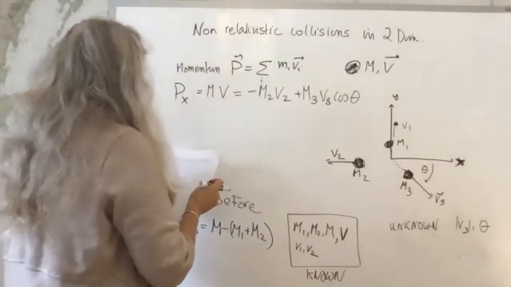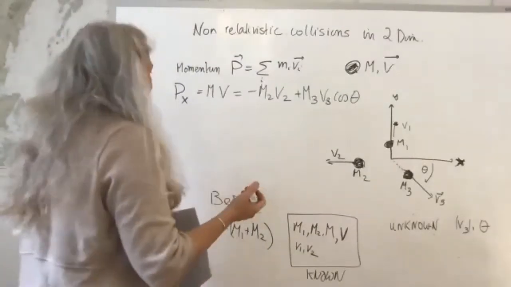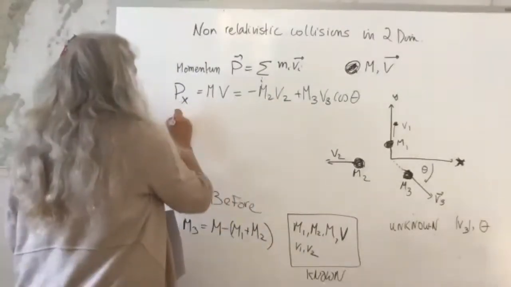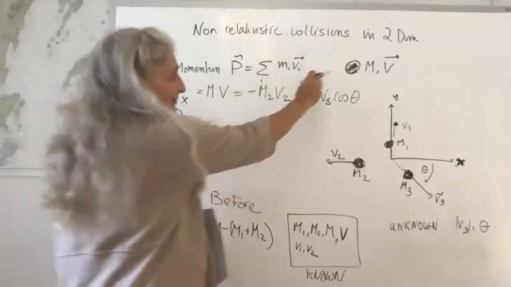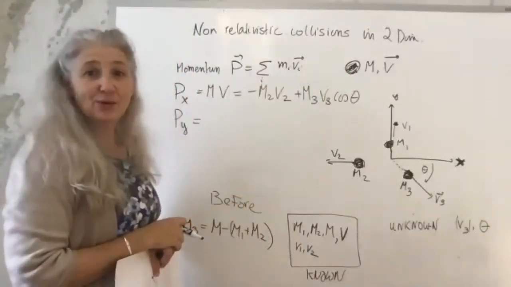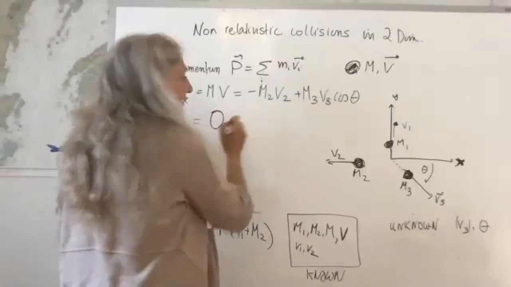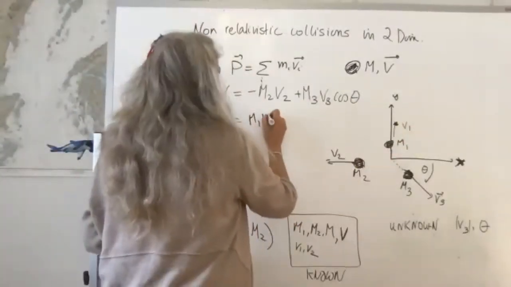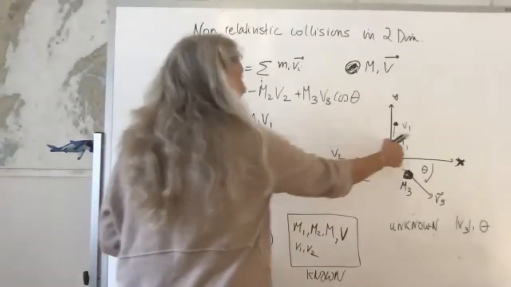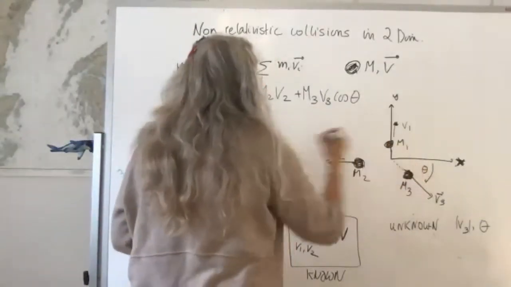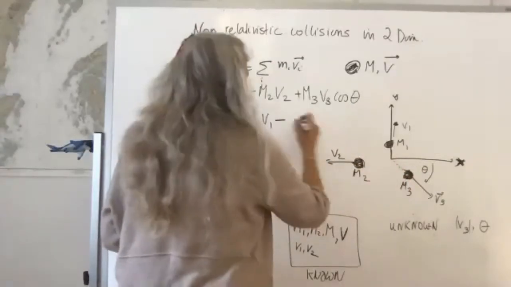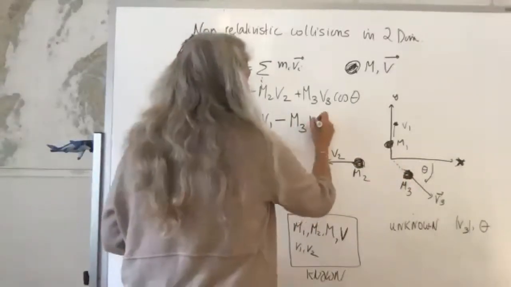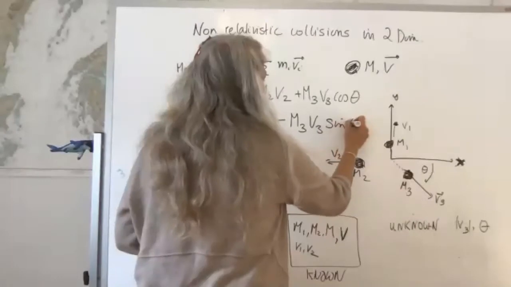Now let's look at the y component of momentum. The initial velocity was only horizontal, so it's 0. And the final one, we've got m1v1 because that's this component, and we have a component of m3's velocity times sine theta.